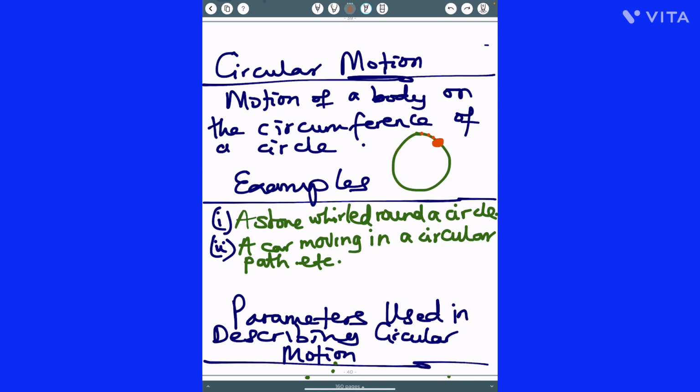So let's give some examples of objects performing circular motion. A stone whirled round in a circle. If you tie a stone to a thread and tie the other end of the thread to your finger and roll it around like this, that stone is performing circular motion. Then a car moving in a circular path.